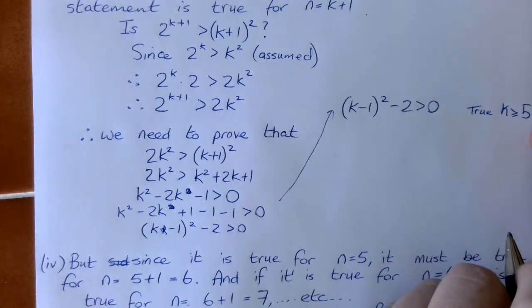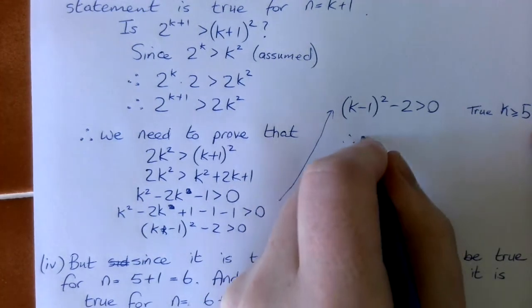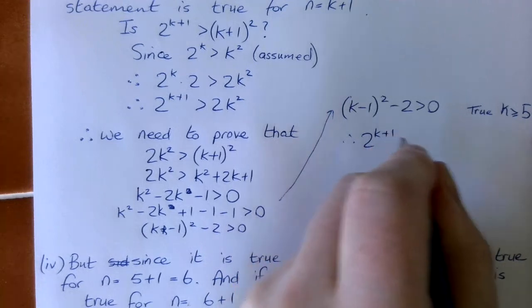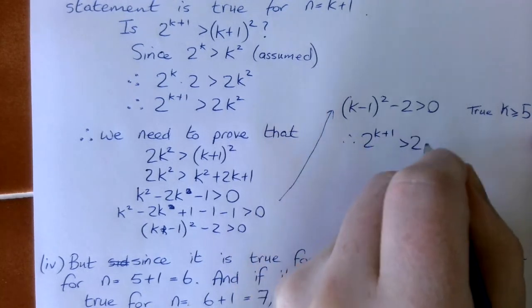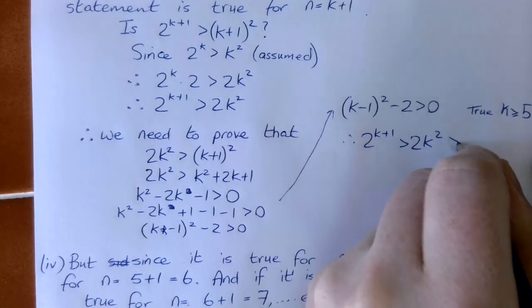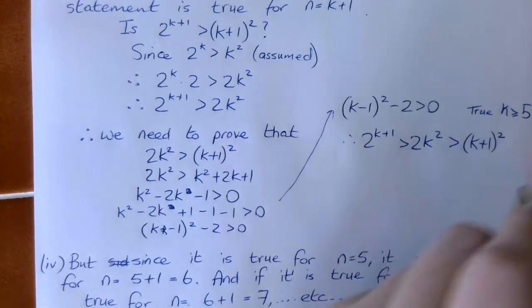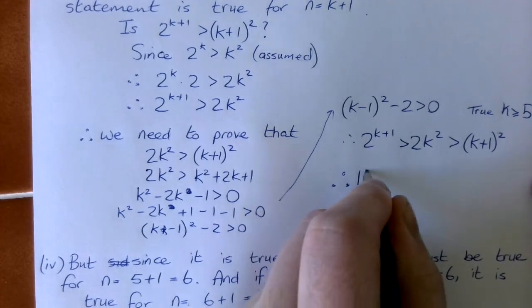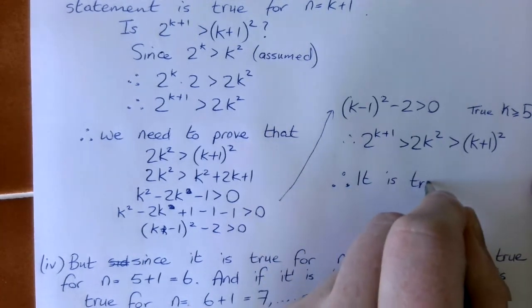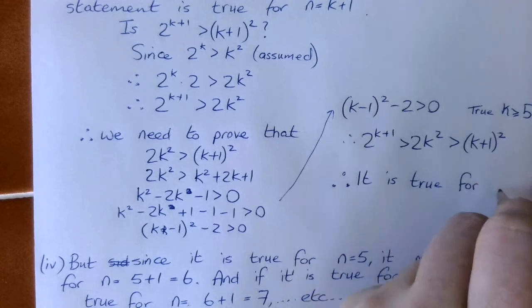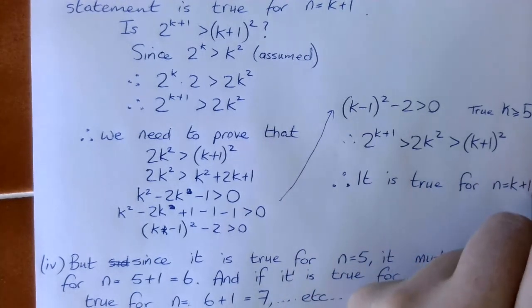Okay, and then we have, therefore, 2 to the power of k plus 1 is greater than 2k squared, and then that in turn is greater than (k plus 1) squared. So then, therefore, it is true for n equal to k plus 1.